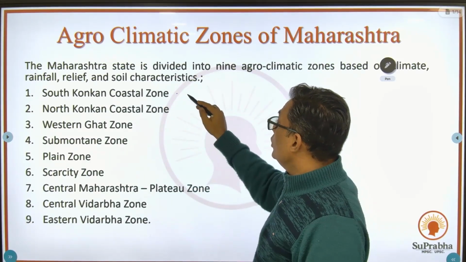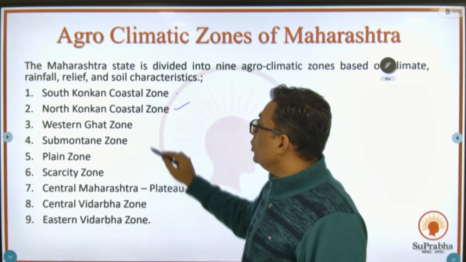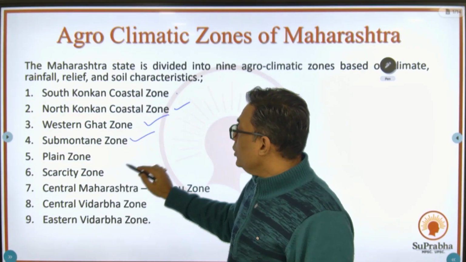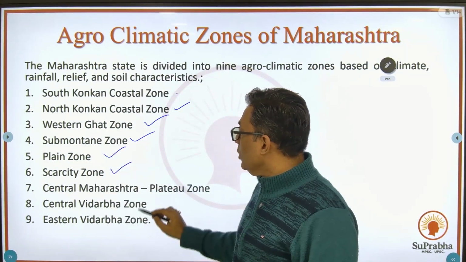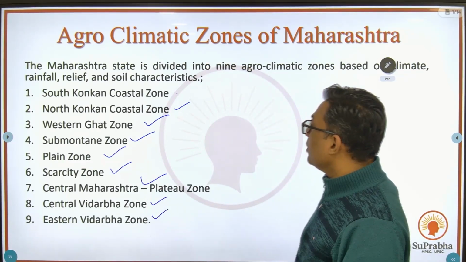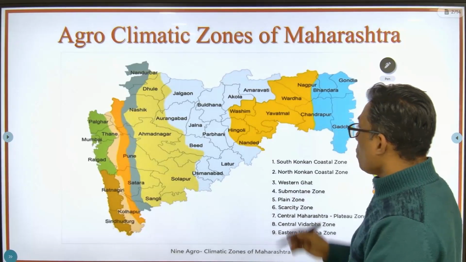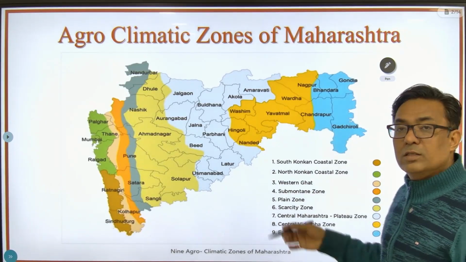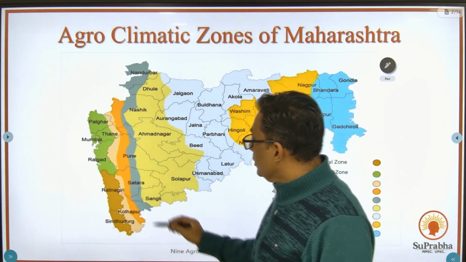First is the South Konkan zone, the North Konkan coastal zone, the Western Ghat zone, sub-mountain zone, plain zone, scarcity zone, the Central Maharashtra plateau zone, then the Central Vidarbha and the Eastern Vidarbha zone, which, if you look at district-wise, these are the different zones.